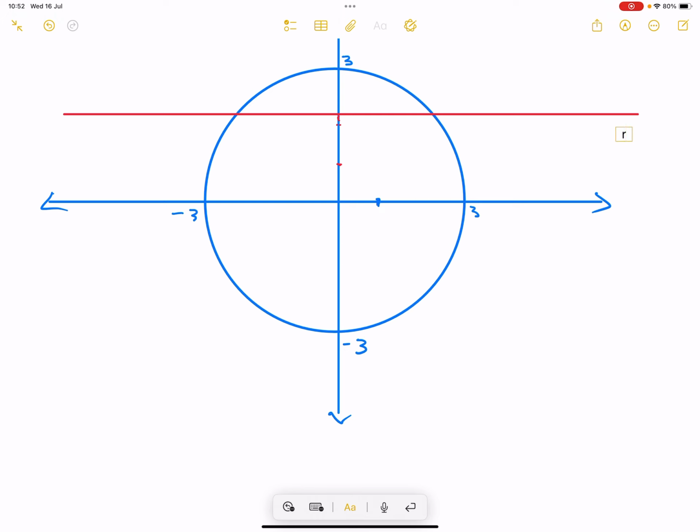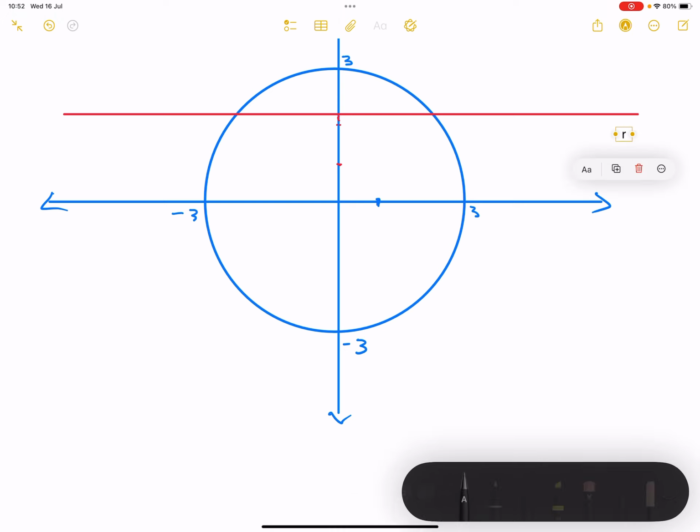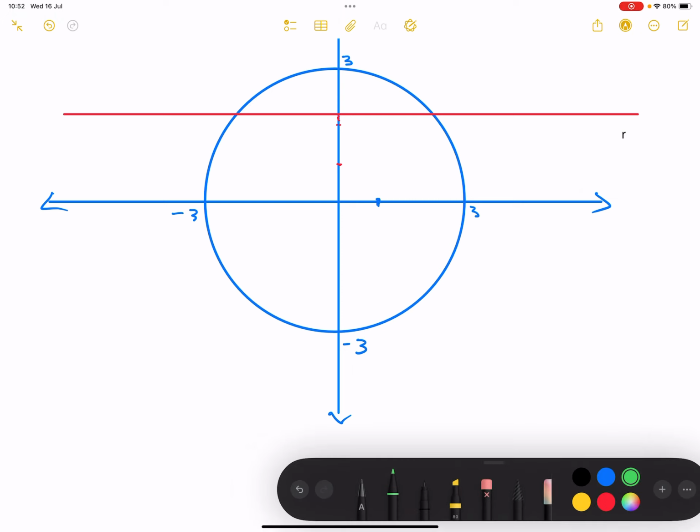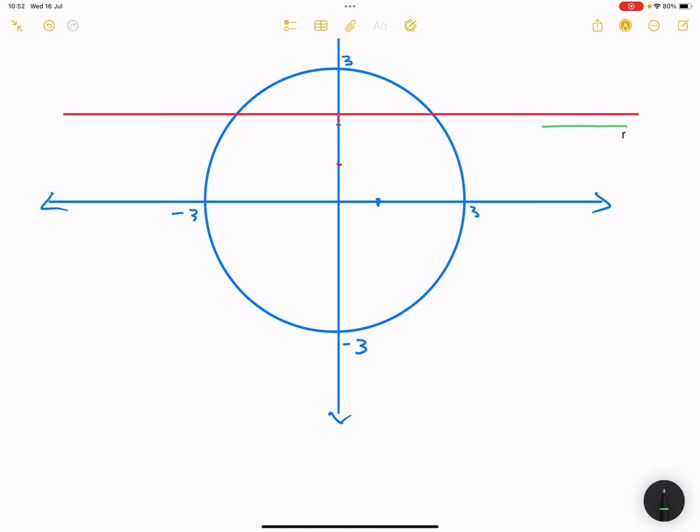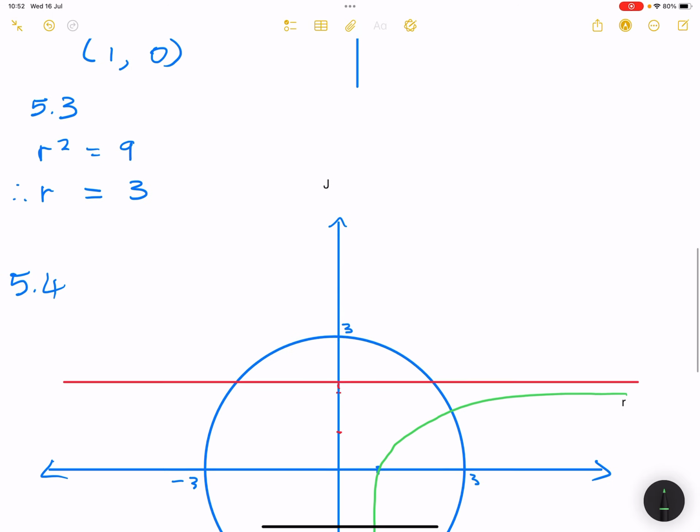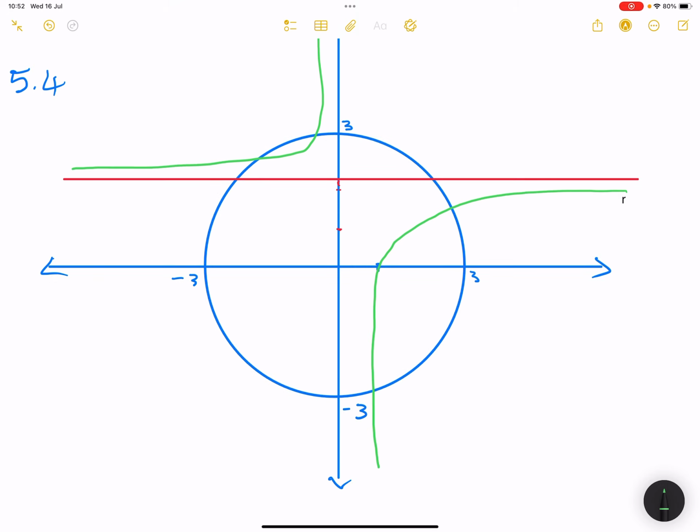My pen keeps misbehaving. Right, so there it is, and the other one is sitting over there. So that is what your graph is going to look like.